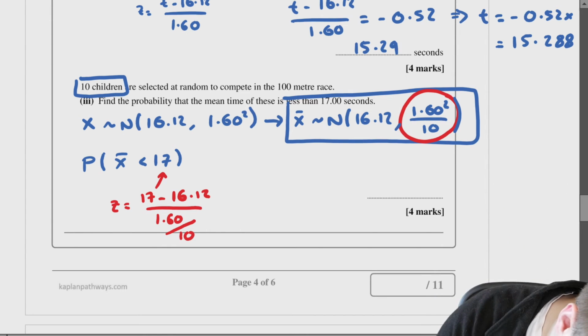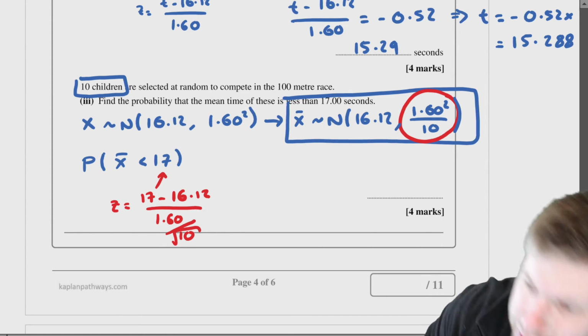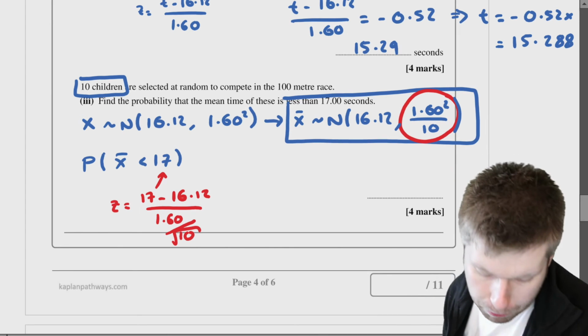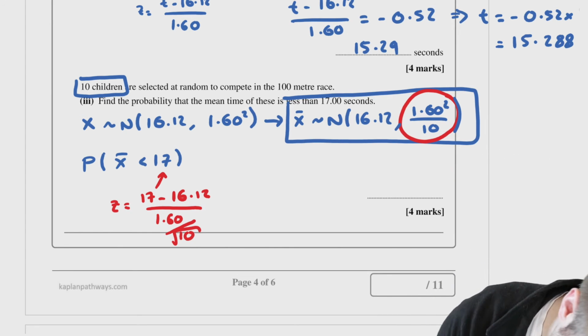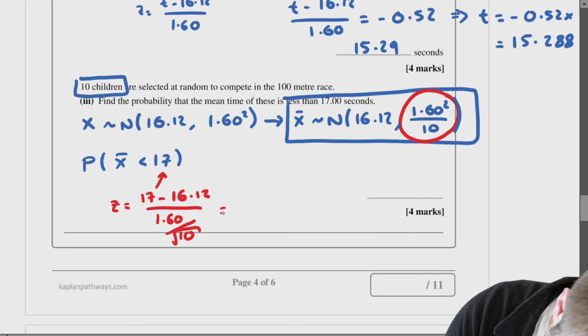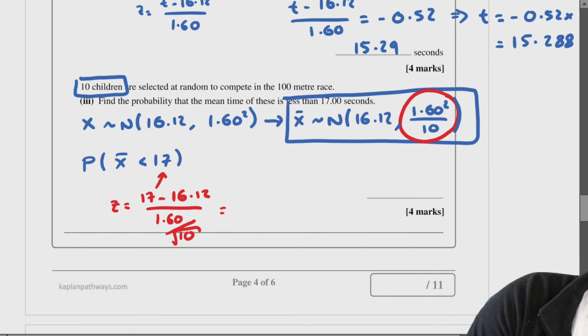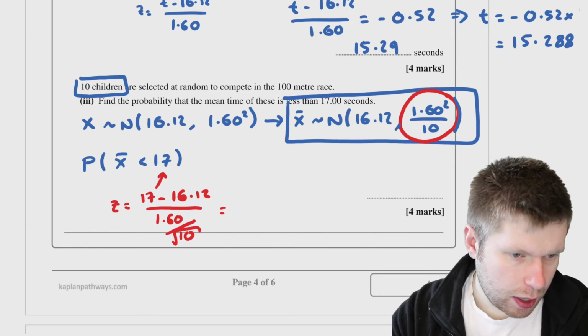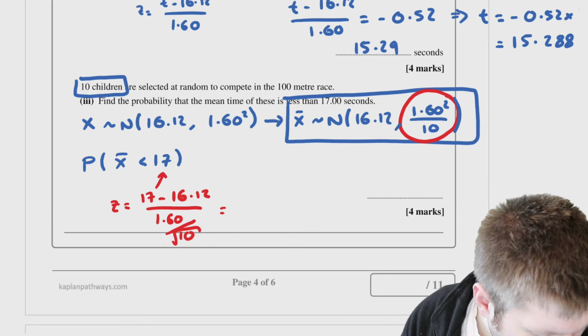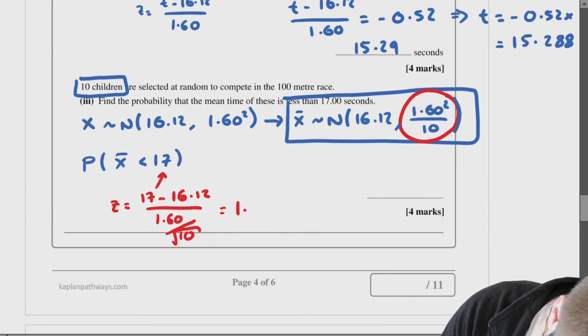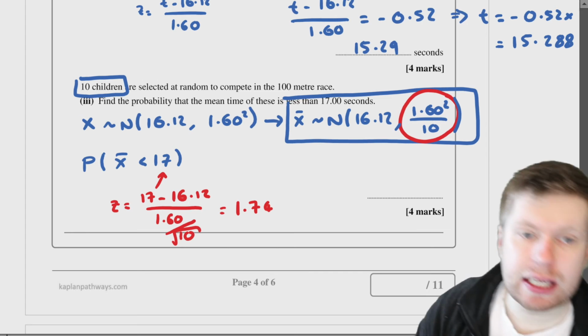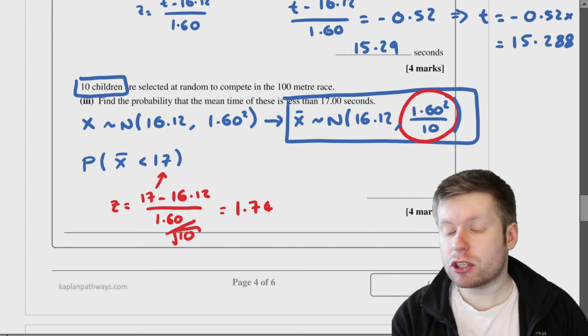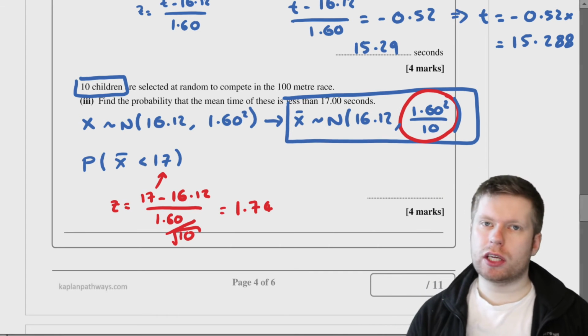So if I tidy it up slightly, I just need to square root the 10. Let's stick this big horrible thing in a calculator. That gives me 1.74. Remember, when you're working out units of standard deviation from the mean, because my tables are given to 2 decimal places, I'm also going to give 2 decimal places here.